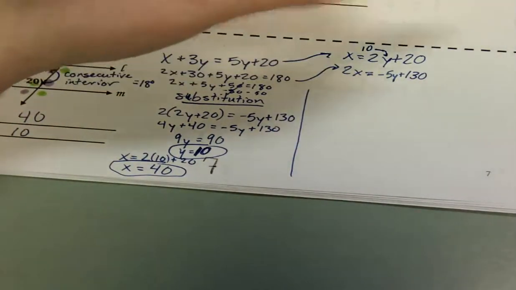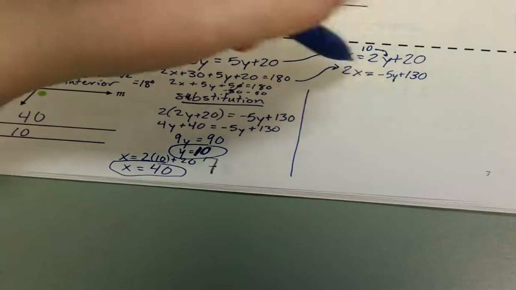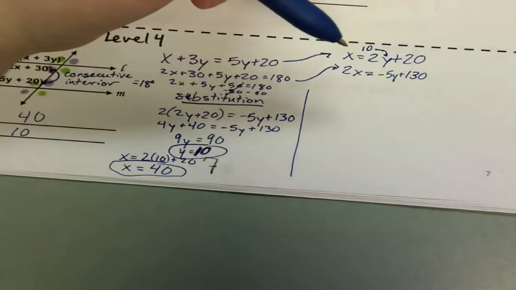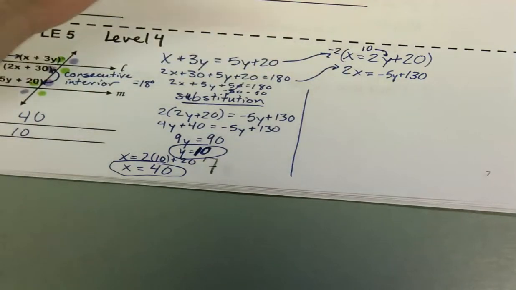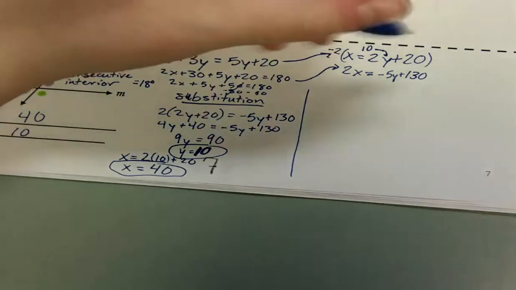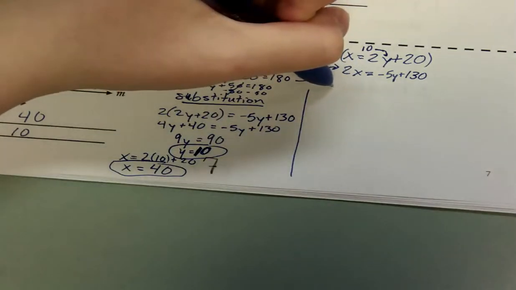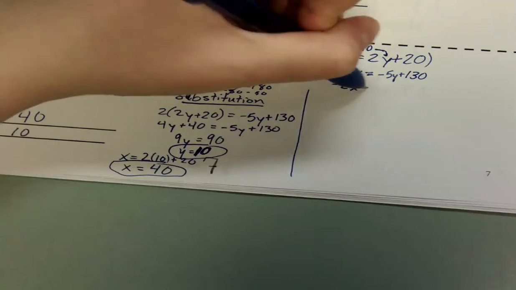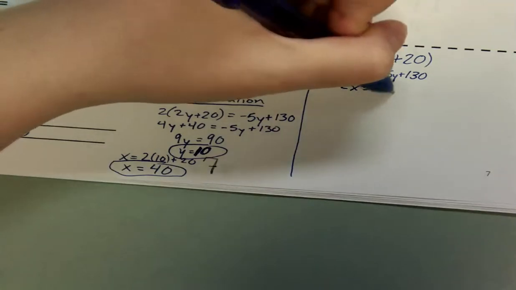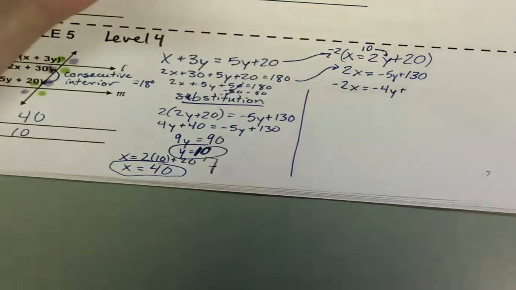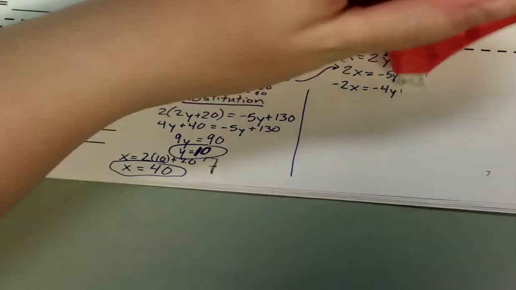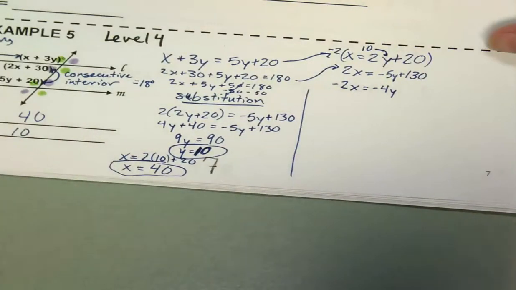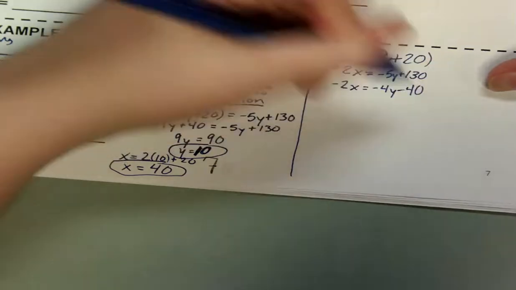I would want to just multiply this top equation by -2, and that means multiplying each one of these, okay? So I'm going to end up bringing it down below and have -2x equals -4y minus 40.